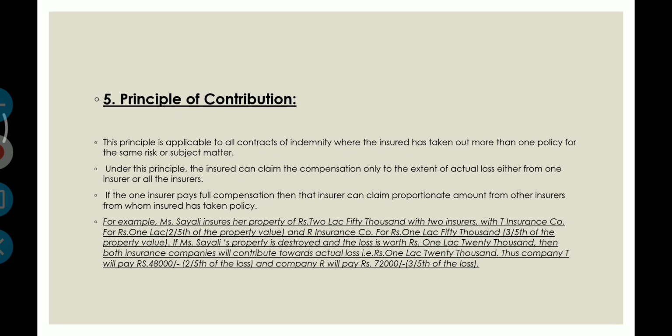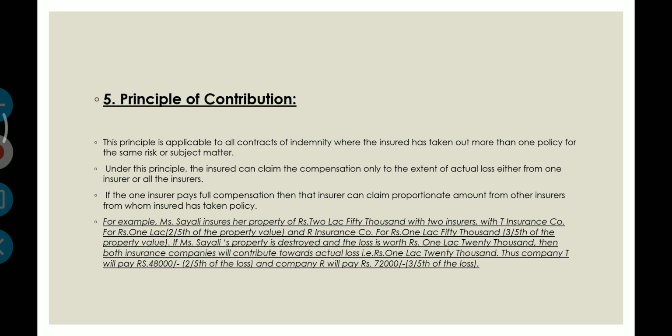So in case of fire, if 60,000 rupees loss has occurred, I will claim insurance from all the three insurance companies. Company A will give me 3 ratio, company B will give me 2 ratio, and company C will give me 1 ratio.